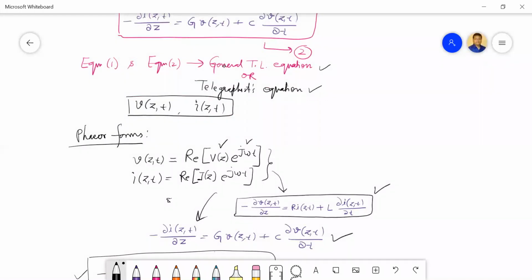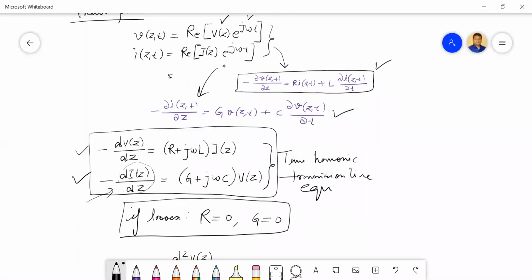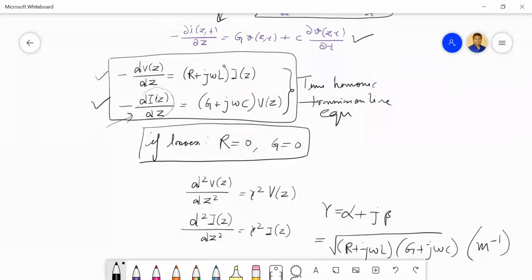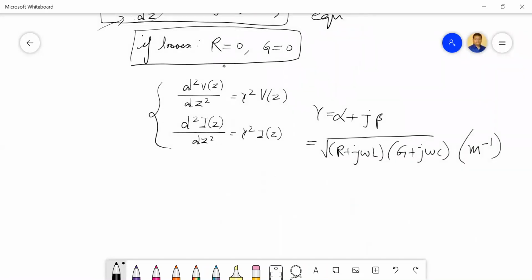Then we used the phasor forms and converted these general transmission line equations into time harmonic transmission line equations. Then we redifferentiated these equations, and this is now the second order differential equation, which we are supposed to solve. As I told you in the last class, for parallel plate transmission we selected the solution in a particular way.